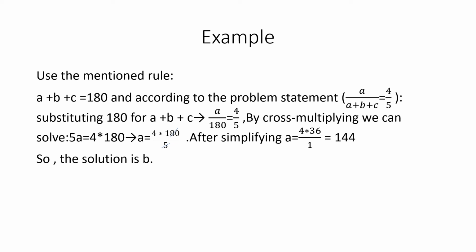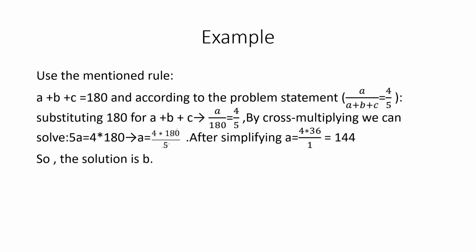By substituting 180 for A plus B plus C, we have A divided by 180 equals 4/5. By using the cross multiplying rule, we can solve the problem easily. So we have 5 times A equals 4 times 180.